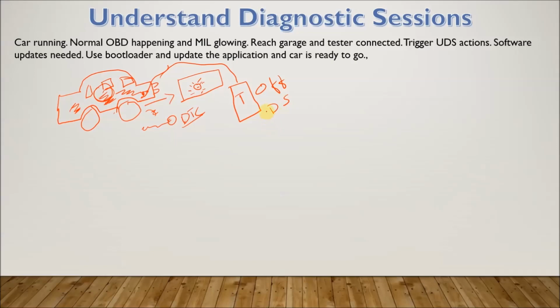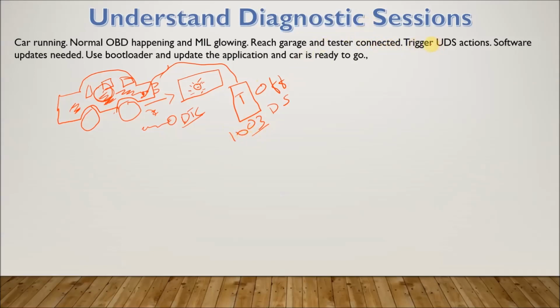How does it work? To enable the tester functions, first he has to tell the ECU, I want to perform offboard diagnostics, so you go to the diagnostic session which is 03, the extended diagnostic session. So he will trigger 10 03.